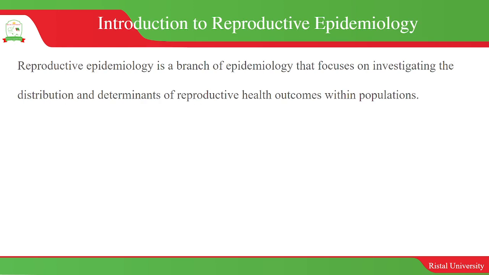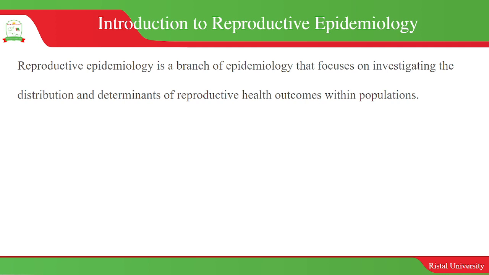Having understood what epidemiology is as a discipline, just that small description, we now move to a narrower branch of epidemiology, which we call reproductive epidemiology. In our definition, if you remember, it was about health-related events.